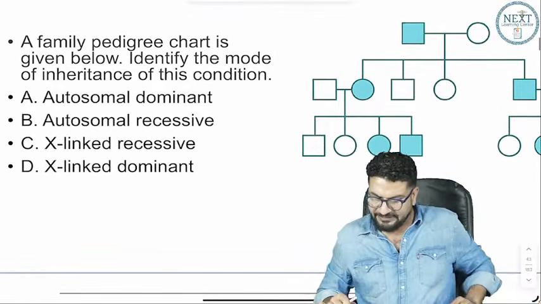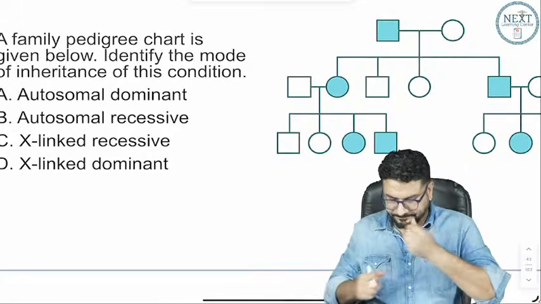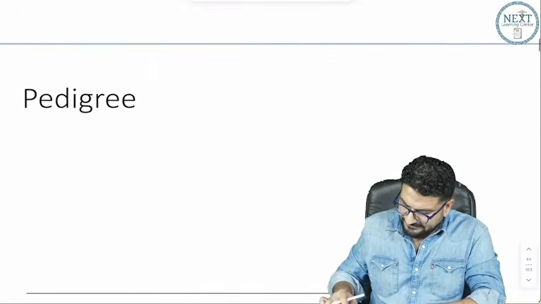A family pedigree chart is given. Find the condition. First, try to answer this. Look at the pedigree. So in pedigree, understand this thing. We have certain rules.